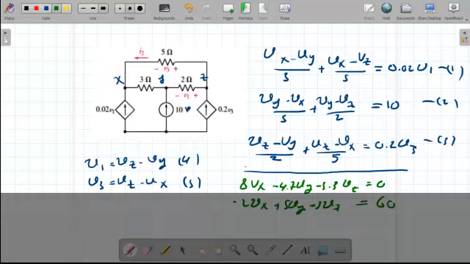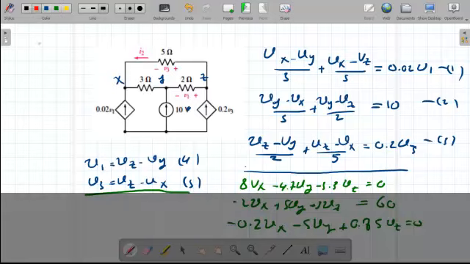Last one, minus 0.2 Vx, please check all the equations, minus 5 Vy plus 0.852 Vz equals 0. So after we solve these 3 equations, we will get the answer.